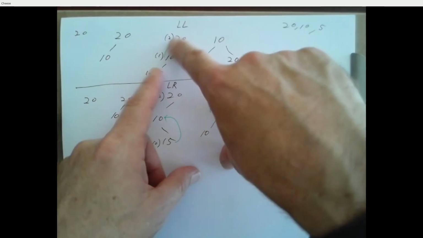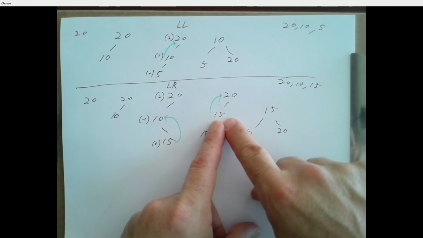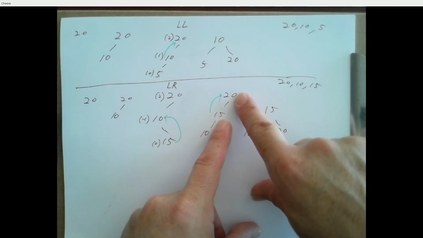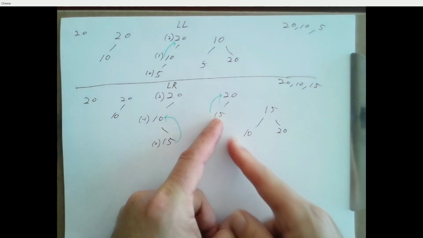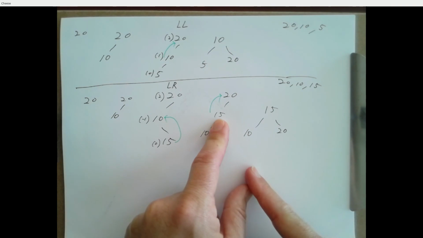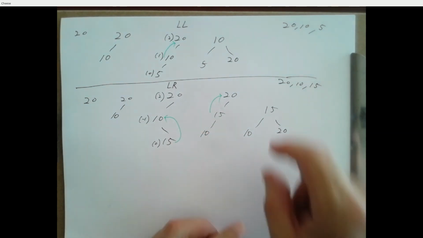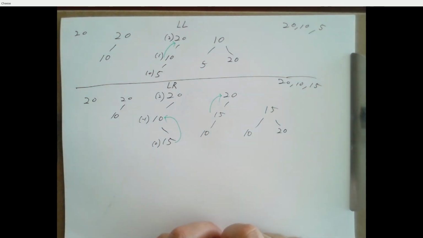And then this other rotation where we rotate this up, 15 should come before the root 20. If we put 20 on the right child of 15, it's still going to come after 15, right? So the search order won't be perturbed by doing this. That's the essence of tree rotations for AVL trees.